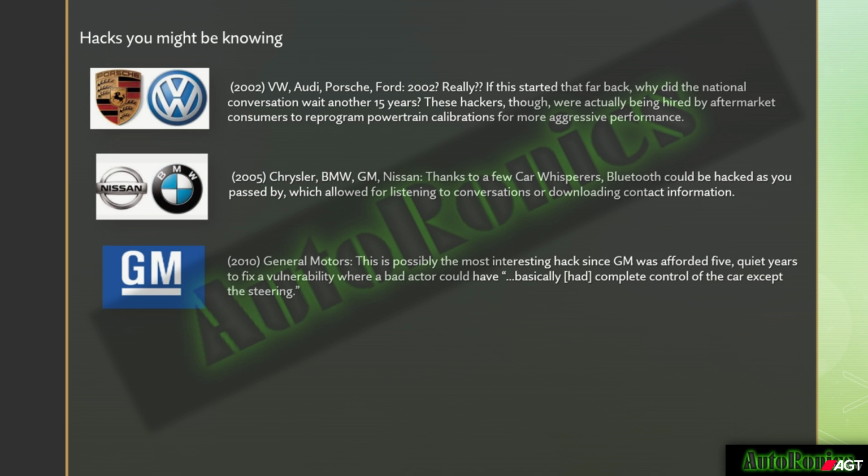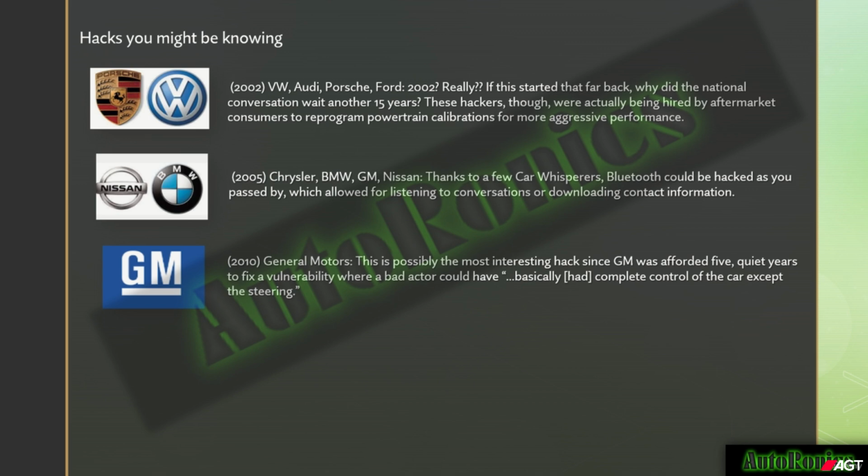GM didn't experience the same rapid-fire recall as Jeep, since researchers at the University of California at San Diego and the University of Washington informed General Motors privately of the vulnerability. And yes, if you read enough of these articles, you'll see the theme that security experts say hacking a vehicle is easy.